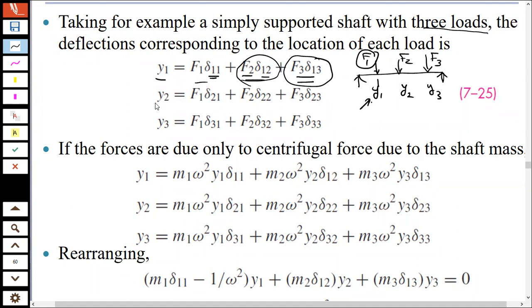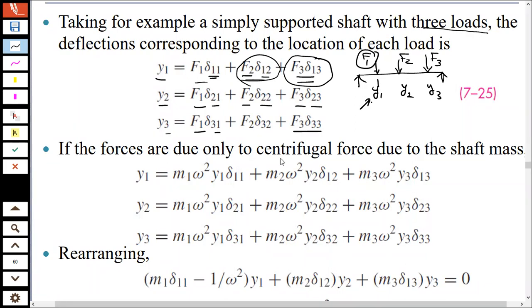Similarly, y2 will be equal to F1 delta 21, F2 delta 22, F3 delta 23, and y3 will be equal to F1 delta 31, F2 delta 32, and F3 delta 33.